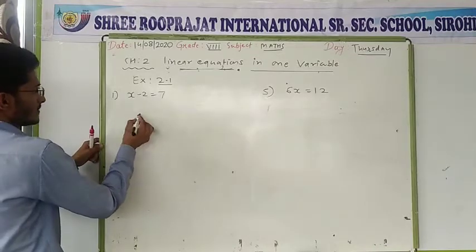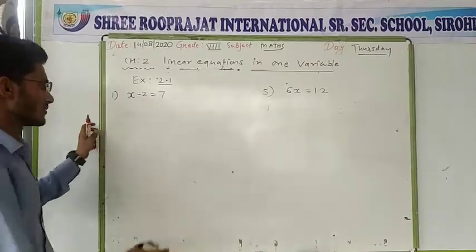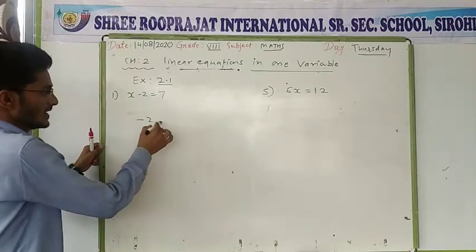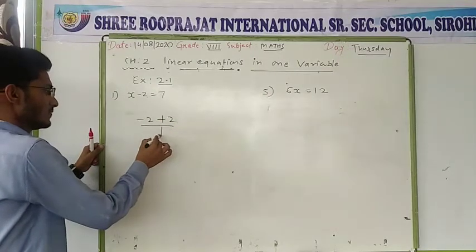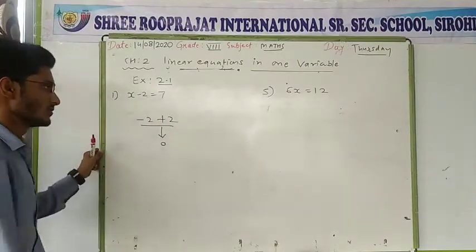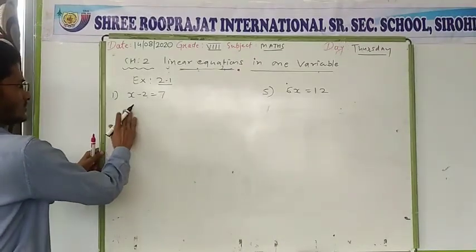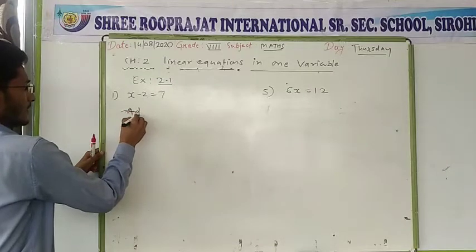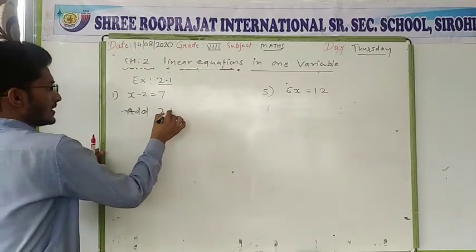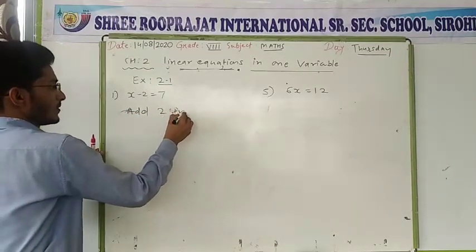So how? On the left hand side it is given minus 2. When minus 2 is given, if you add plus 2, what will you get? You will get 0. So we want to remove minus 2, we have to add 2 on both sides.